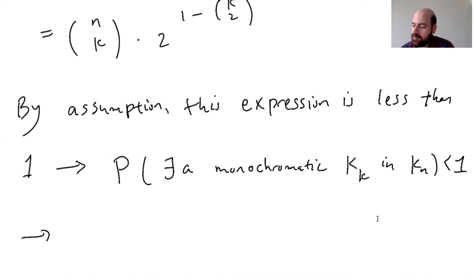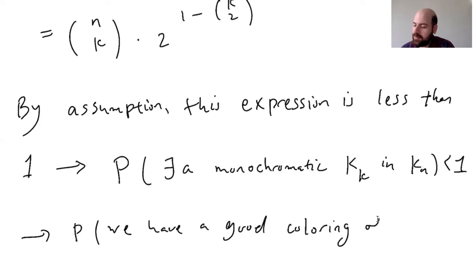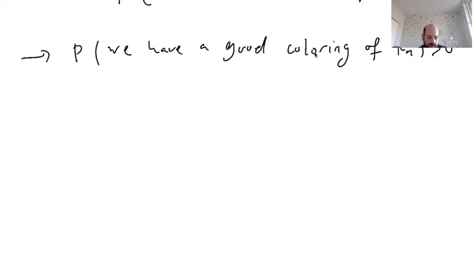That means the probability that we have a good coloring of Kn is bigger than 0. And finally, we can conclude that capital R of k and k is bigger than n, as desired.